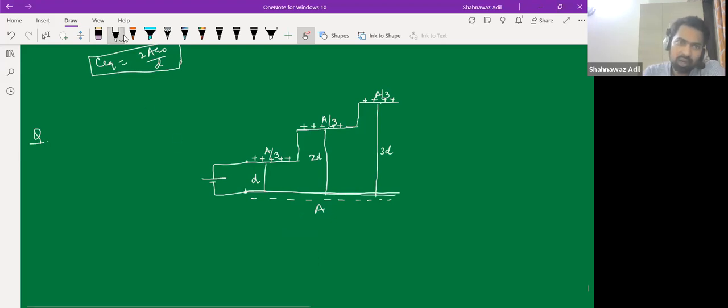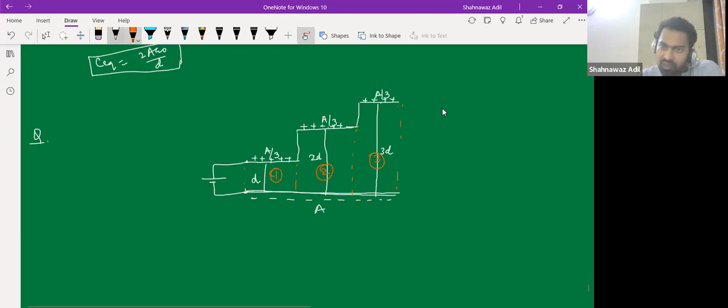So one is this one, and then from here to here, this is the second one, and from here to here, this is the third one, right? And how are they connected, series or parallel? Yes, parallel. Parallel, right? Good.